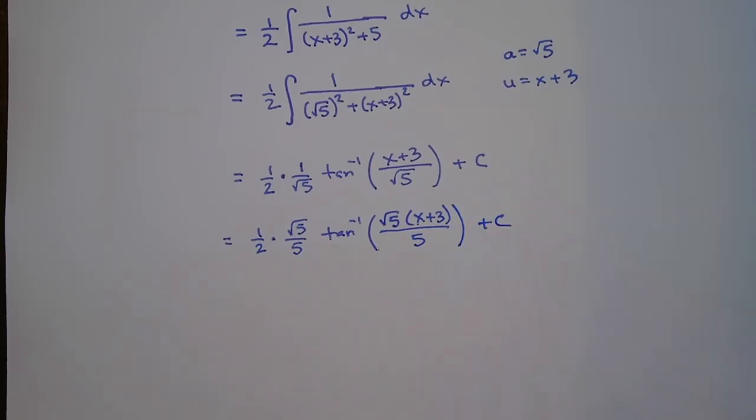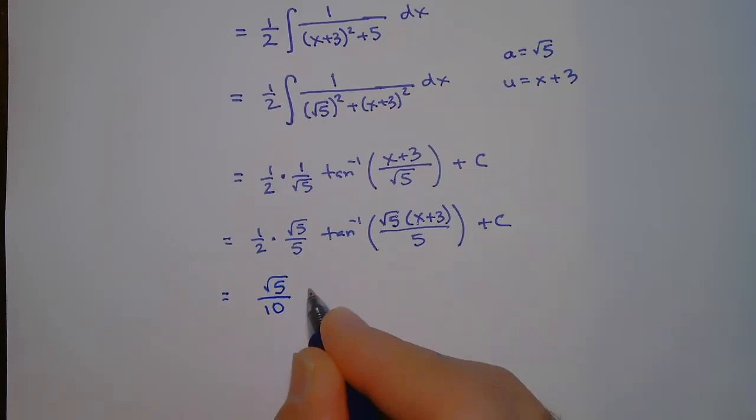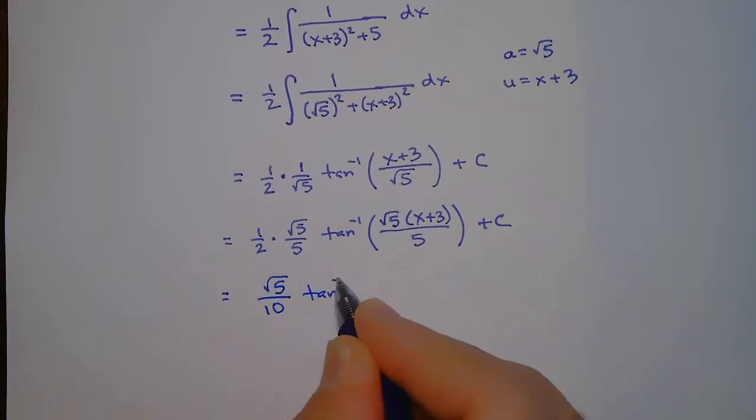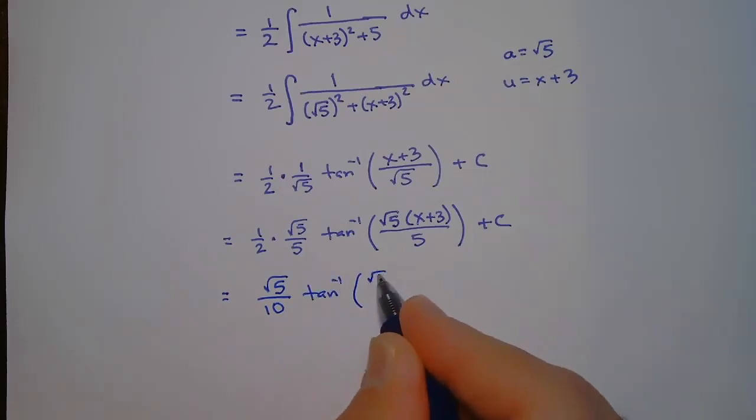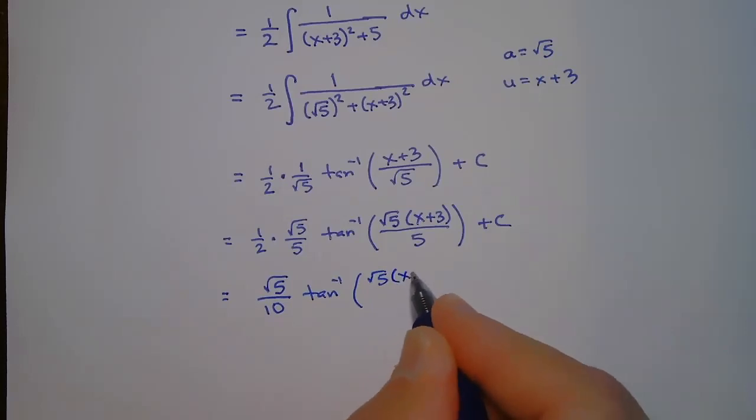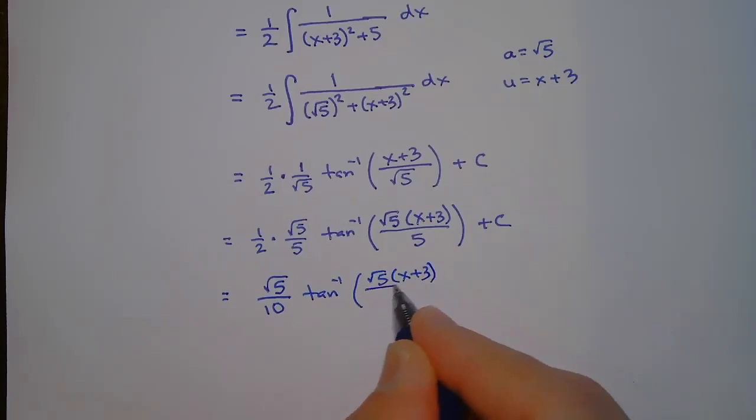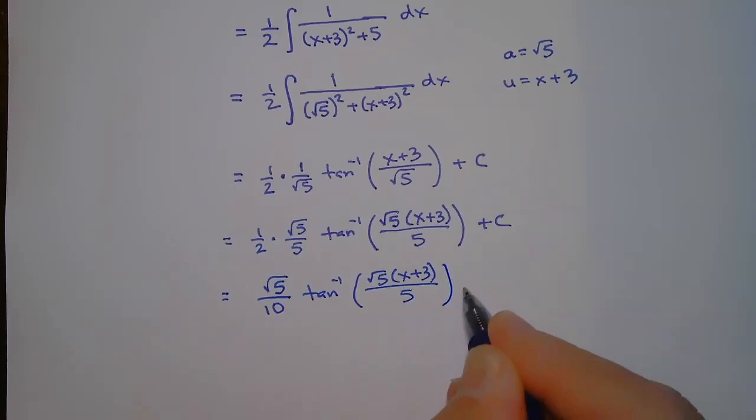And then the final answer would be this. So multiplying these two together, we'd get the square root of 5 over 10 tan inverse of the square root of 5 times x plus 3 over 5, and then plus c.